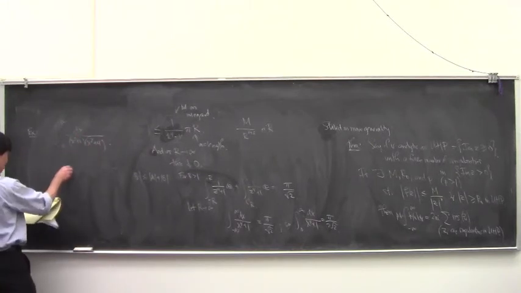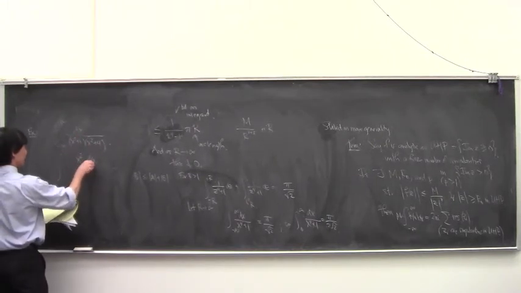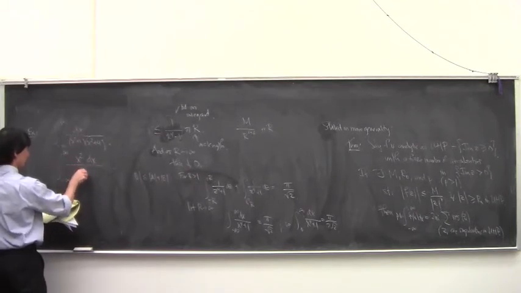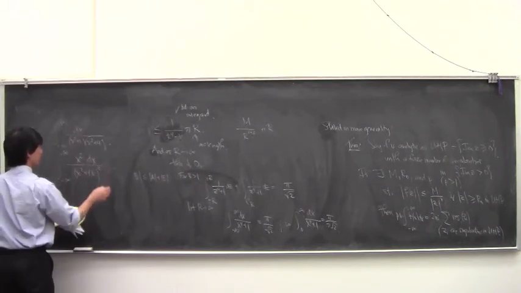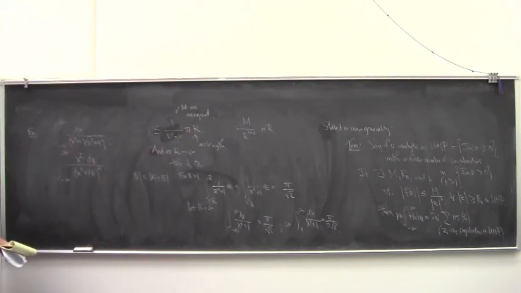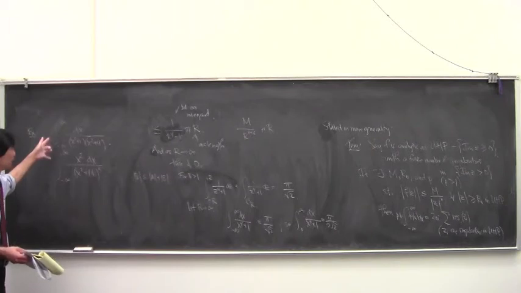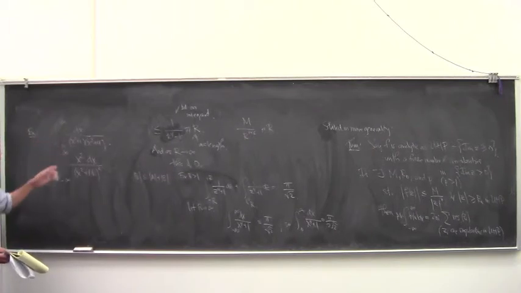Or somebody gives you something like x squared dx over (x squared plus 16) squared. That's still good. You can apply this method, because you've got a square on the top and a power of 4 on the bottom. And so you know immediately that you can approach these using this method.